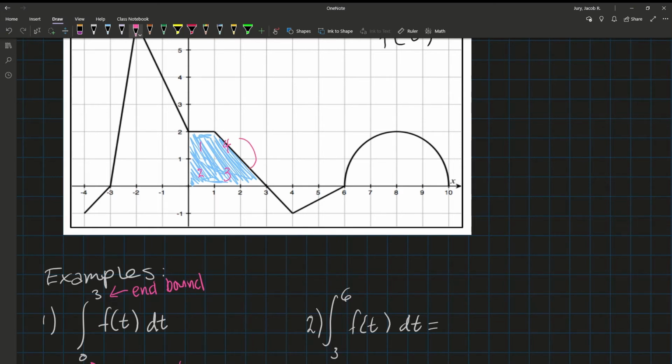So we have a total of 4 units that make up the area.